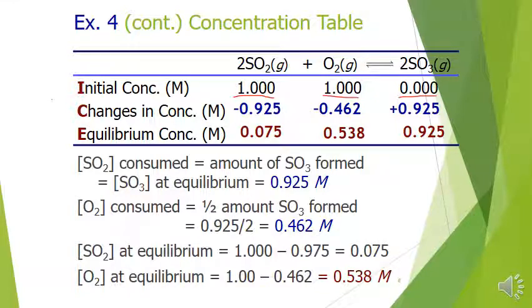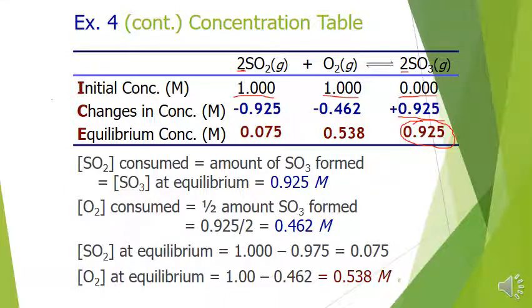And then you have your final concentration of your SO3. So what you know is that this increased by 0.295. Now, if you look at the ratios, for every 1 SO2, you make 1 SO3.